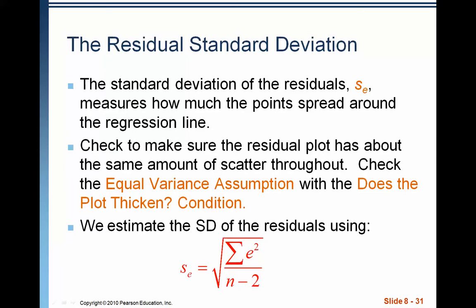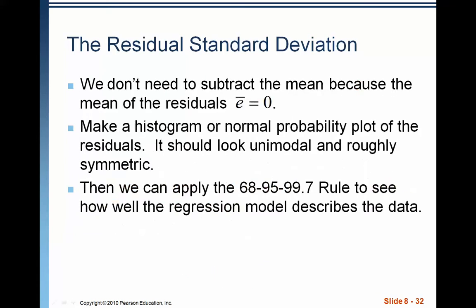So a high standard deviation in the residuals means a high spread around the line, which may mean that it's not a very good model because the residuals are very high. So we look at the residual plot, and then we can use this calculation of the standard deviation of the residuals to evaluate the model.